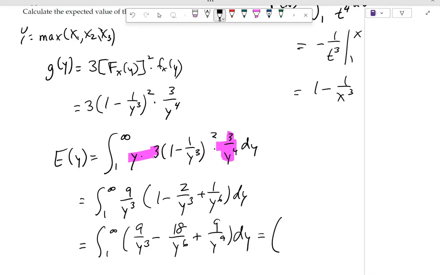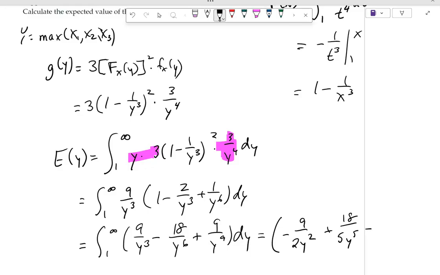Now we need to anti-differentiate each piece. That sounds like fun. It's not too bad. They're just powers, right? The first one will be a 1/2 y to the negative 2. The next one will be a 1/5 y to the negative 5.